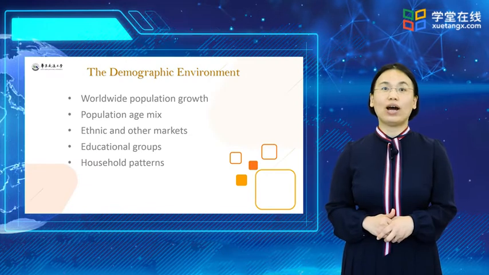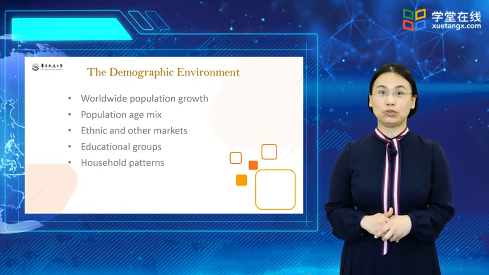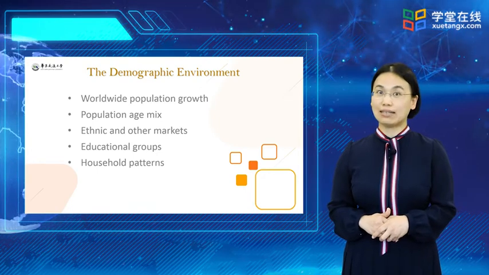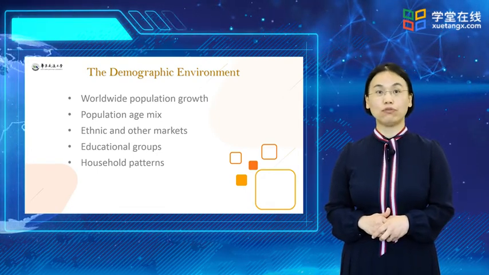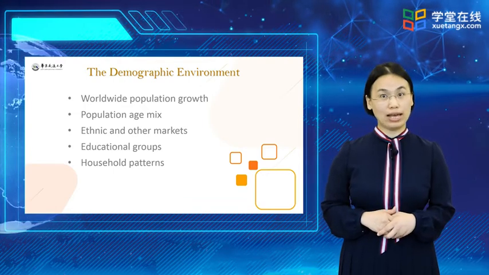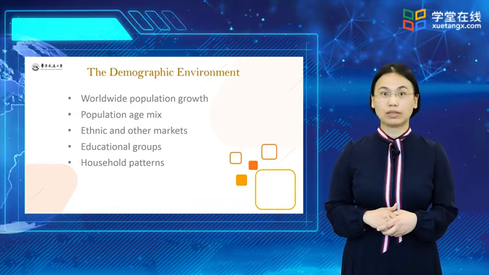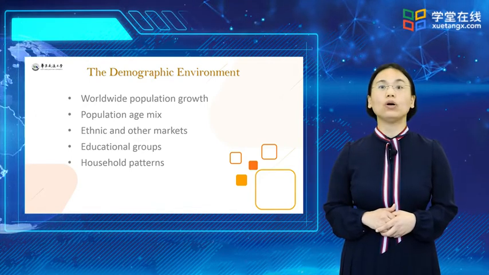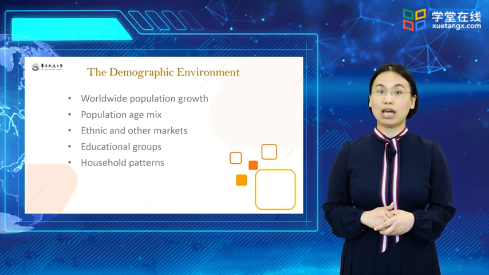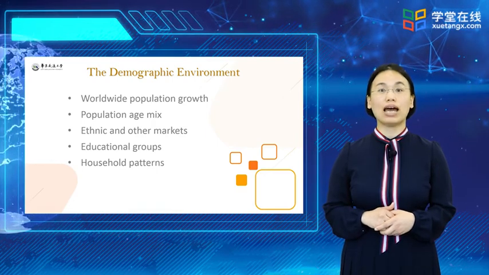Marketers generally divide the population into six age groups: preschool children, school-age children, teens, young adults aged 20 to 40, middle-aged adults 40 to 65, and older adults 65 and older. Some marketers focus on cohorts, groups of individuals born during the same time period who travel through life together.